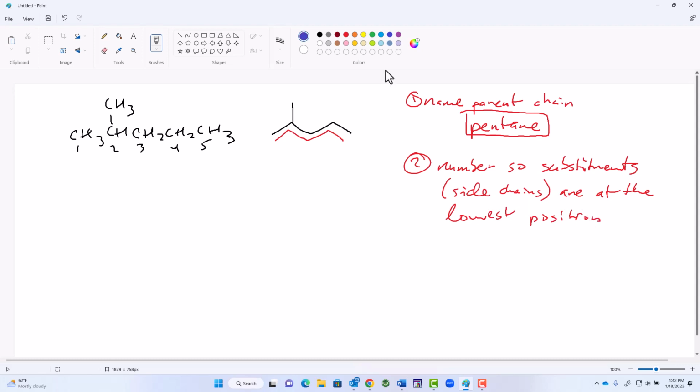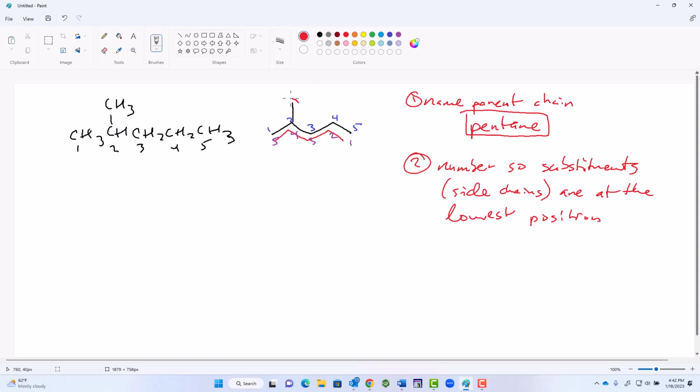If we look at this chain, we see we have two ways we could number this chain. We could number it from left to right, or we could number it from right to left. So if we number from left to right, we go 1, 2, 3, 4, 5. If we number it from right to left, we go 1, 2, 3, 4, 5. What I mean by number it is so the substituents have the lowest possible position.